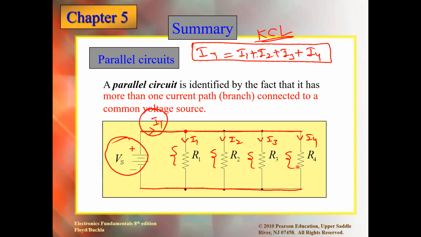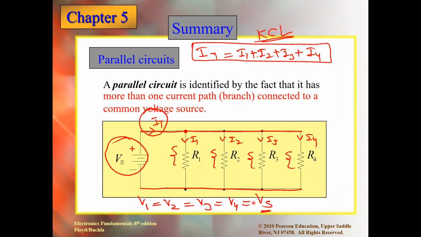So I can say V1 is equal to V2 is equal to V3 is equal to V4 is equal to Vs, the source voltage, because everything is in parallel. So all branches will have the same voltage.